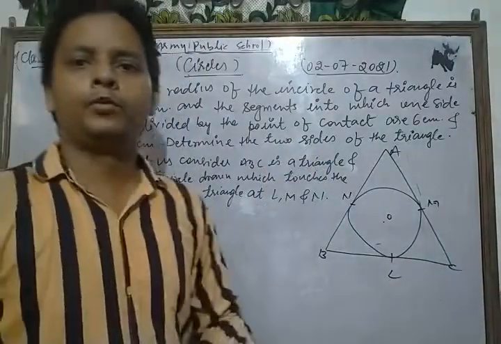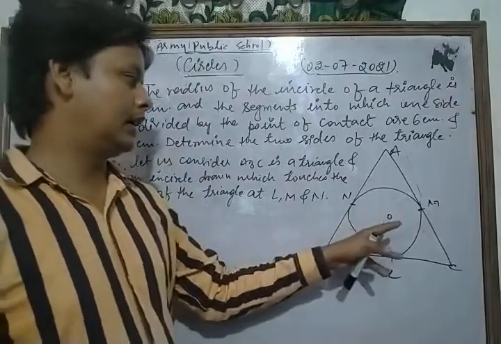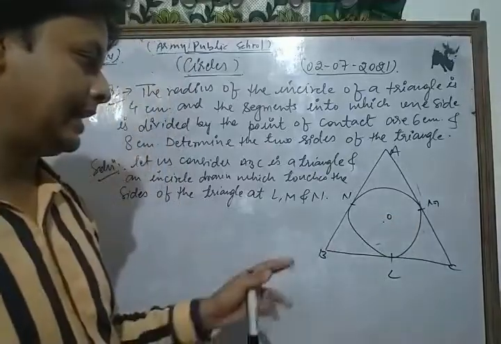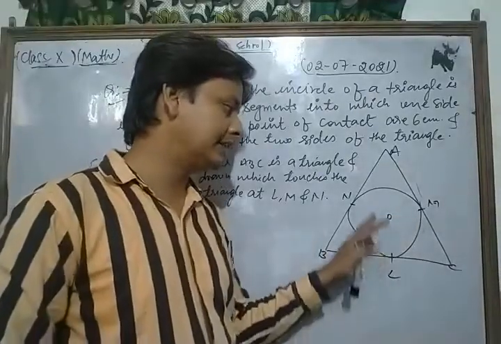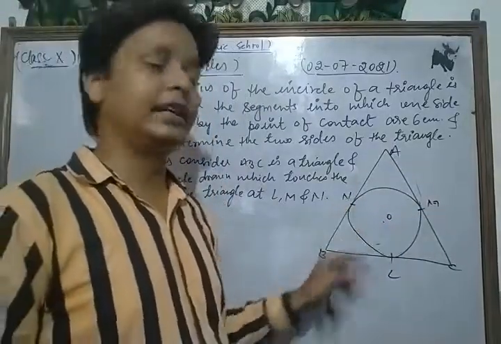So first of all we draw a triangle ABC in which an incircle is drawn with O as center, and that circle touches the sides of the triangle at points L, M and N respectively.